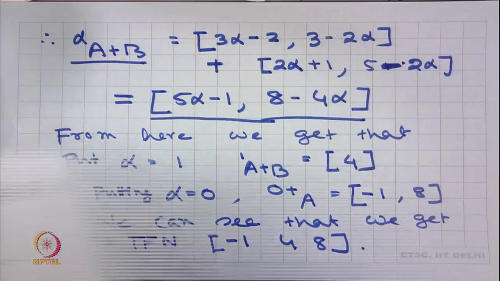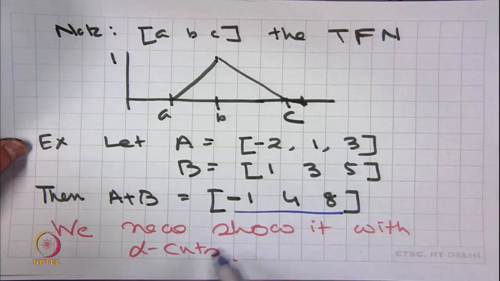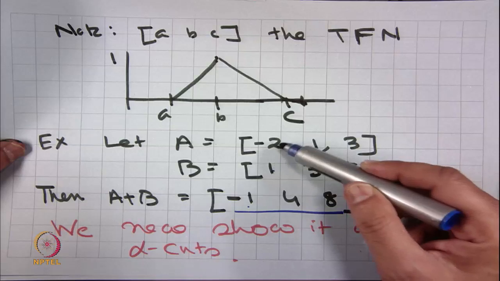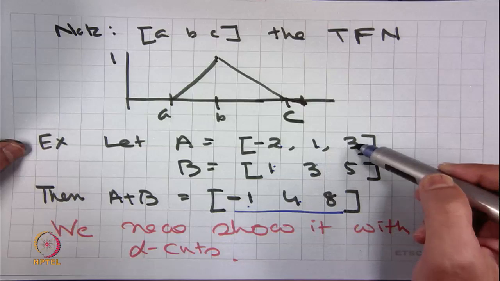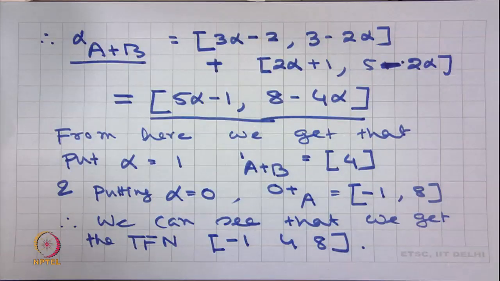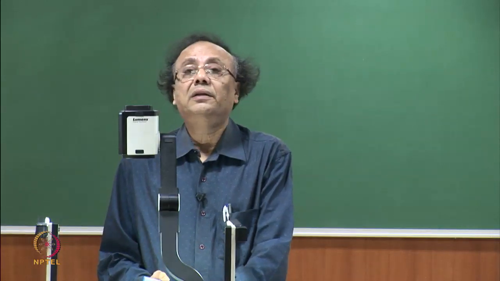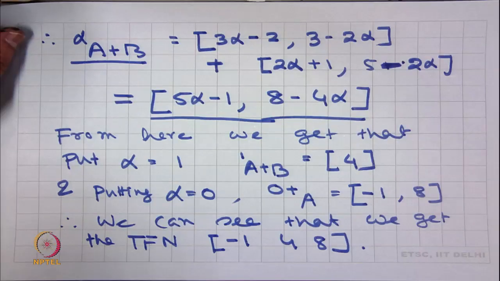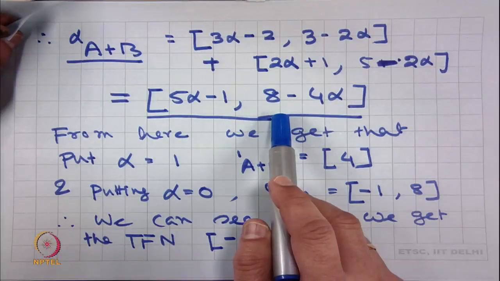And we have got this same TFN (minus 1, 4, 8) when we add the respective components, that is, minus 2 and 1 is equal to minus 1, 1 plus 3 is equal to 4, and 3 plus 5 is equal to 8. This shows that if we are given triangular fuzzy numbers, then addition is straightforward, but we can arrive at the same result by going through the alpha cuts.